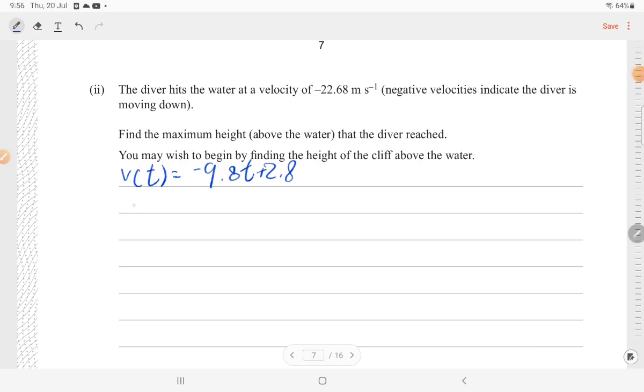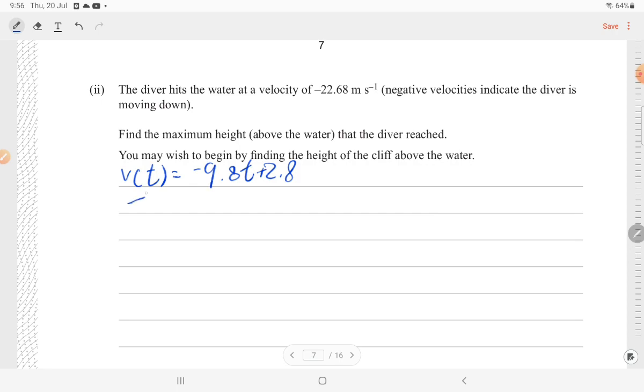So v of t is equal to negative 9.8t plus 2.8. Let's figure out how long it takes for the diver to reach the velocity negative 22.68.